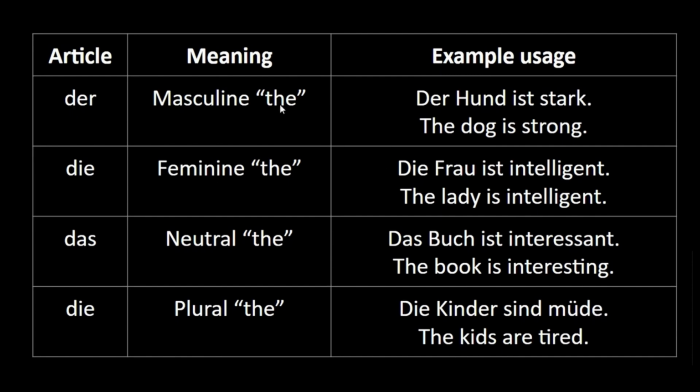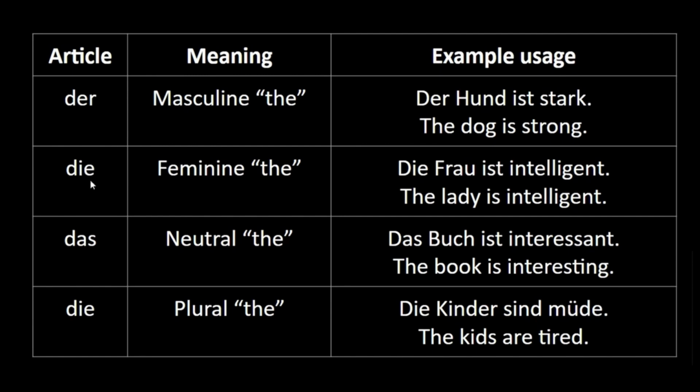Der means masculine the. Zum Beispiel, for example, der Hund ist stark. Die is feminine the. For example, die Frau ist intelligent. Das is neutral the. Das Buch ist interessant. Die is plural the. For example, die Kinder sind müde.